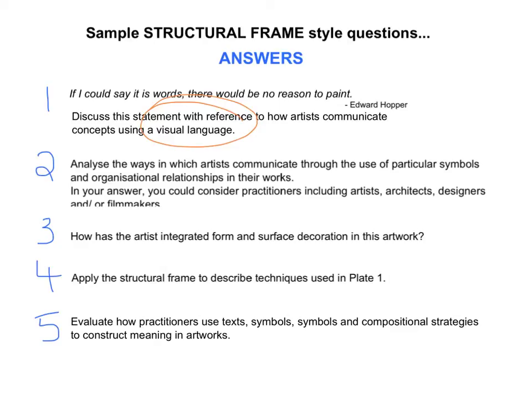Well, hopefully you picked up on the word that I've said like 10 billion times in this video too, which is of course symbols, right? But also the perhaps less obvious one is the organizational relationships, okay, because that connects to the idea of composition and compositional elements, the placement of these different symbols and signs and as a whole the visual language.